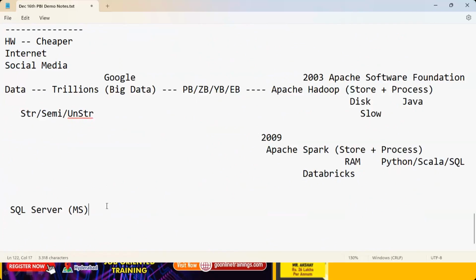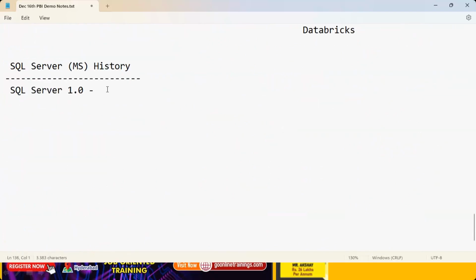SQL Server 1.0 was launched in 1989 by Microsoft, which is database management software, meaning it can store the data and retrieve the data.